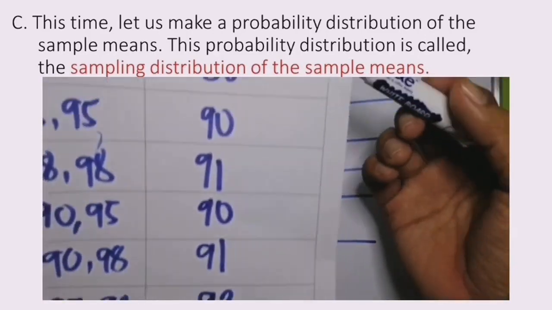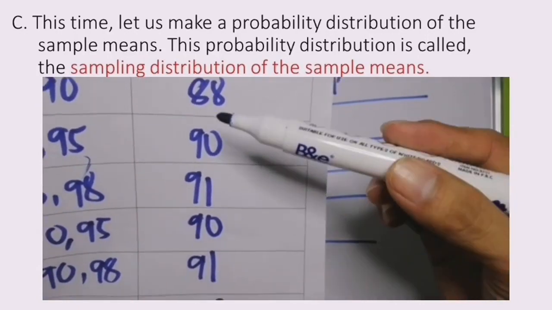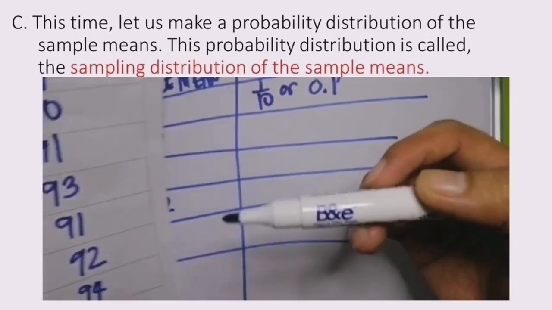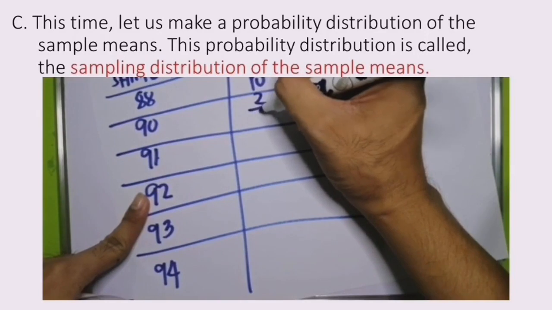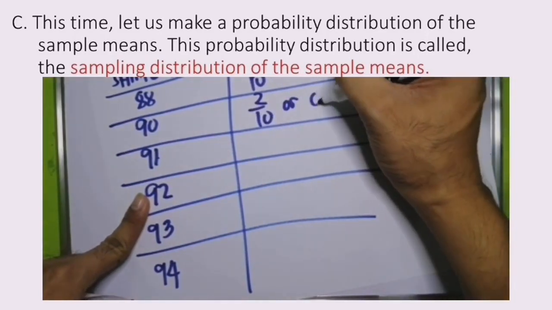How about 90? Let's check: 1, 2, so there are two 90s. That's 2 over 10 or 0.2.